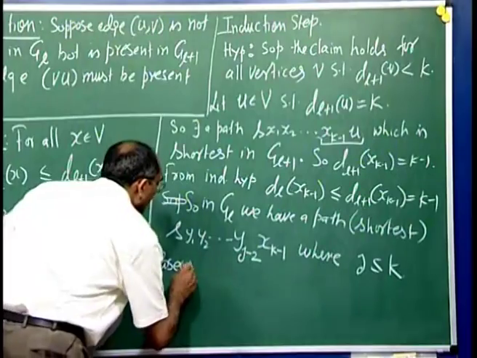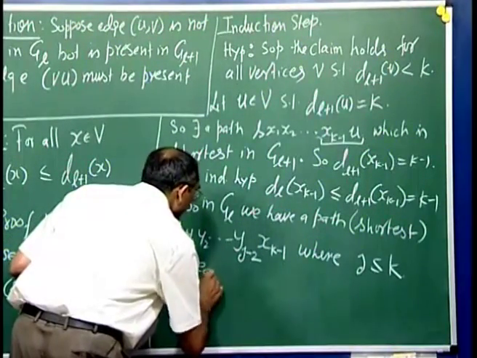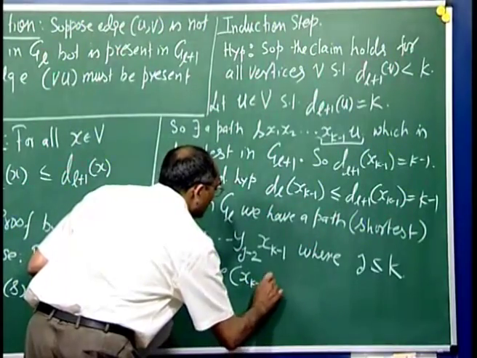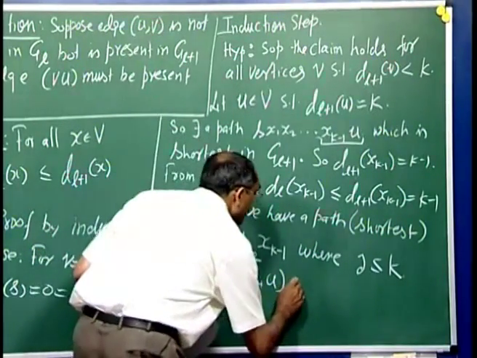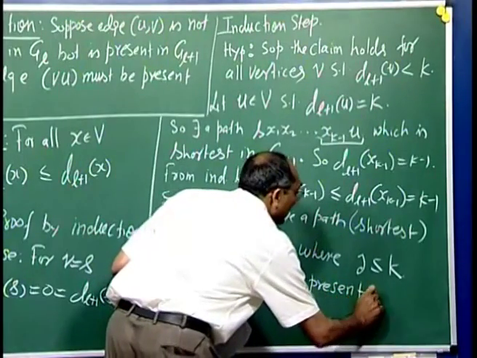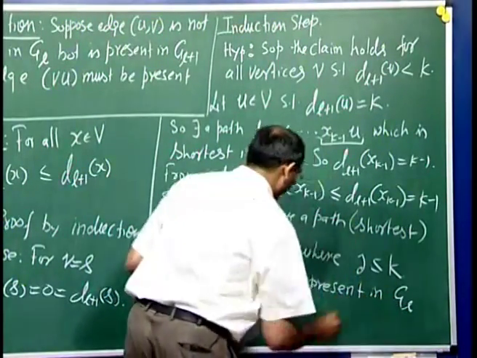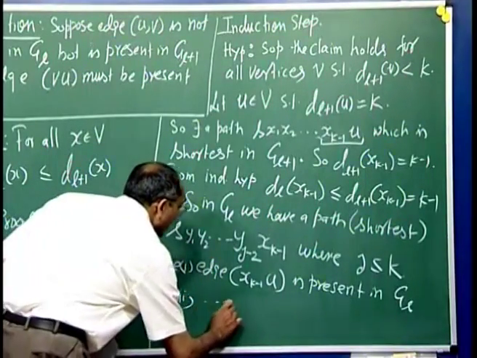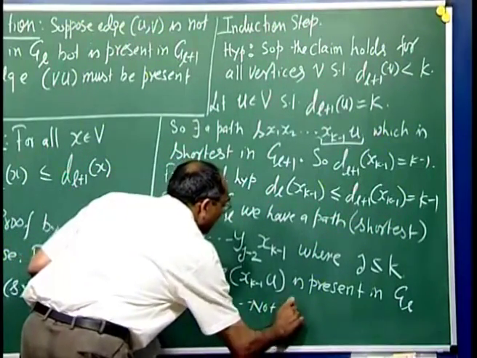Case 1, the edge xk minus 1 u is present in GL, and case 2 is not present.